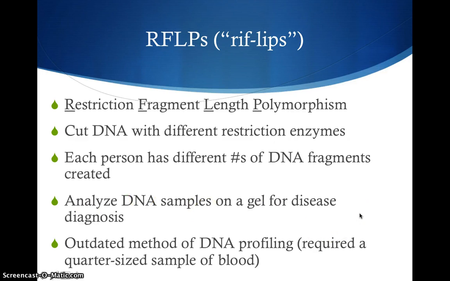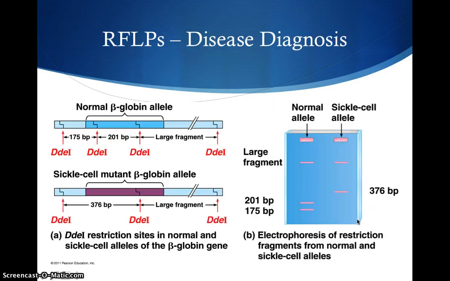By looking at different fragments on a gel, we can look for either diseases or, if we want to, identify a person. This is outdated because it requires a lot of blood. For example, let's say we require a quarter-size sample of blood, which is a lot. So we move on to something else.